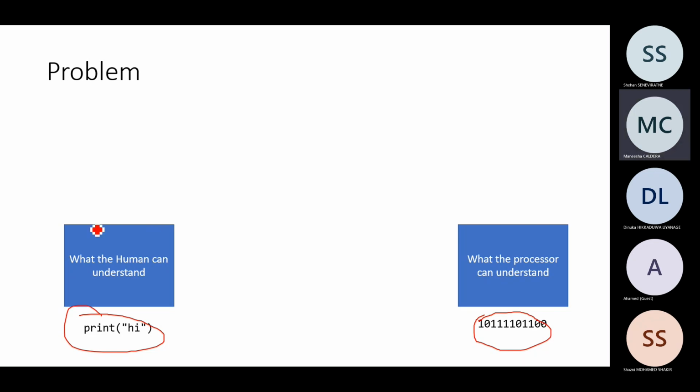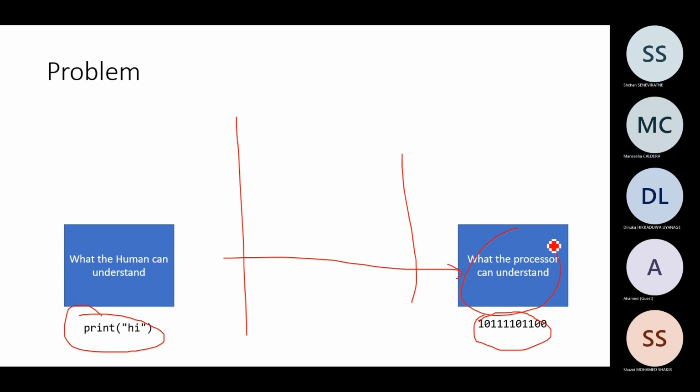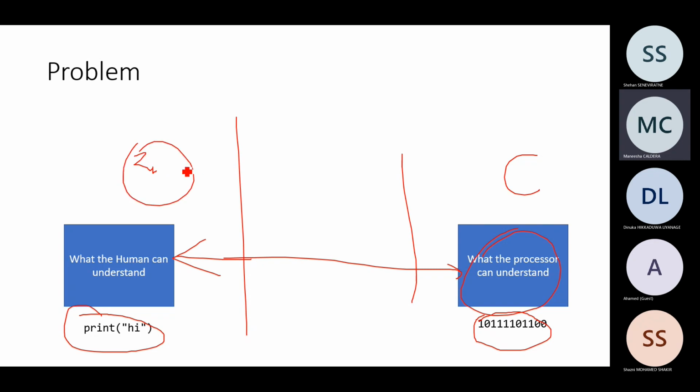All right. We should understand there's a big gap between the human and the computer. So our ultimate task is to make sure there's a linkage between these two, because we want to get some work from the computer, and we need to make our life easier. So we need to give proper instructions in a simpler manner, in a natural language.